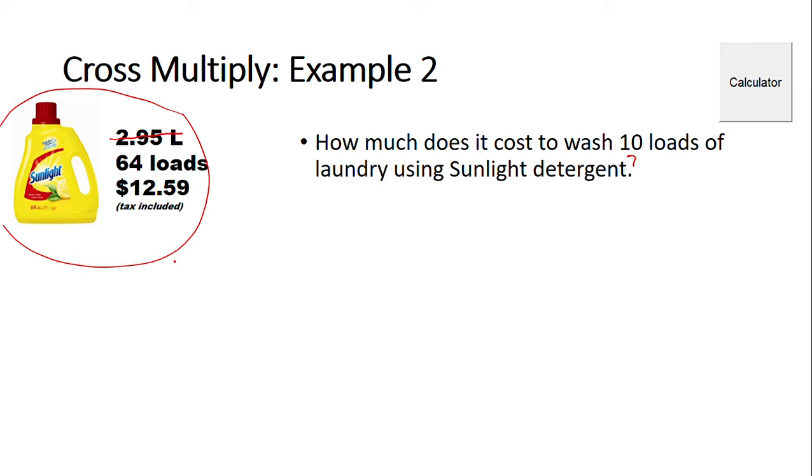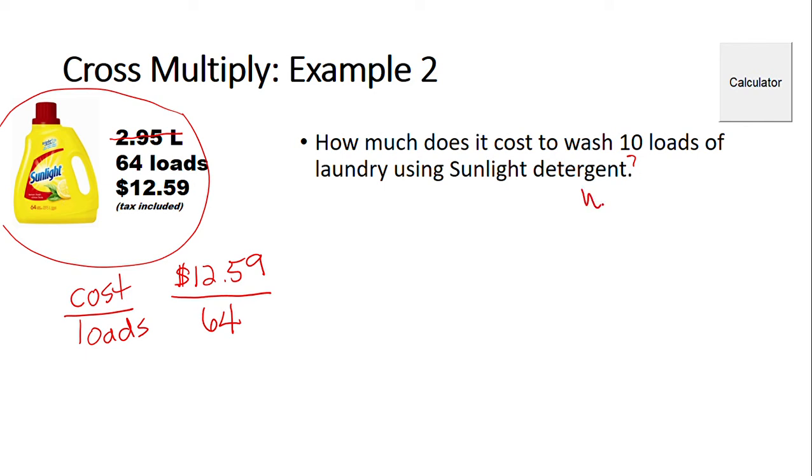So let's set up our ratio as cost to loads. And in this equation, we have the cost for one jug is $12.59, and that will do 64 loads of laundry. Okay, so what are we trying to find out?